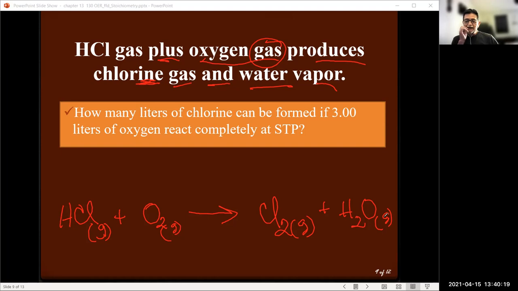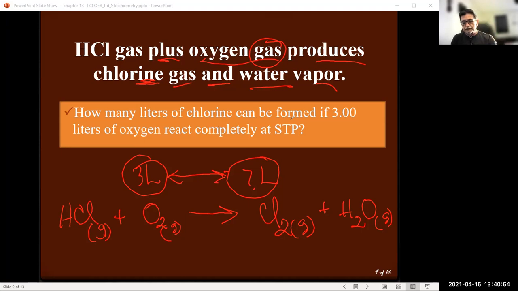Okay. Now here's the neat thing to remember about this reaction. They're telling you how many liters of chlorine gas can be formed if 3 liters of oxygen react completely at STP. So we got 3 liters of oxygen. Okay. And they want to know how many liters of chlorine are made. That's what we're dealing with. Oxygen and chlorine. Don't care about the other guys.